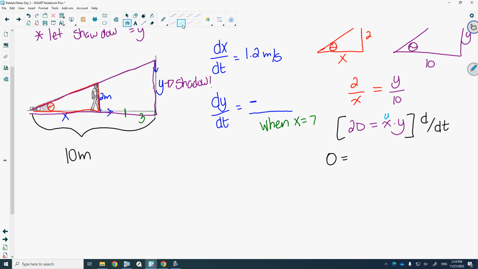So this is u, and that's v. So u is x, v prime, the derivative of y, is dy dt. Plus v is y, and u prime, the derivative of x, is dx dt.